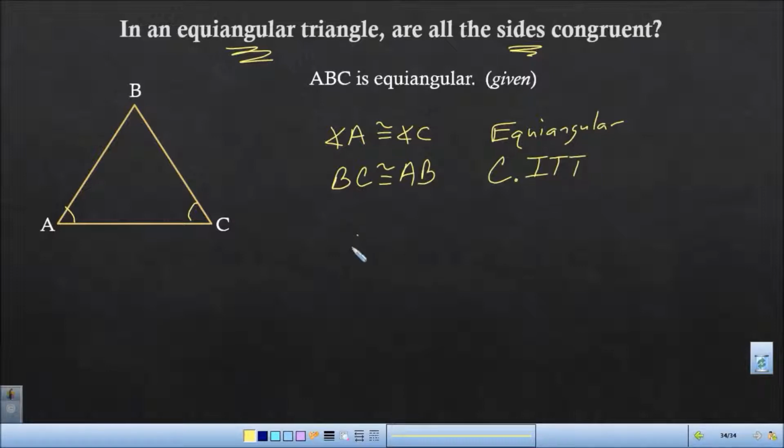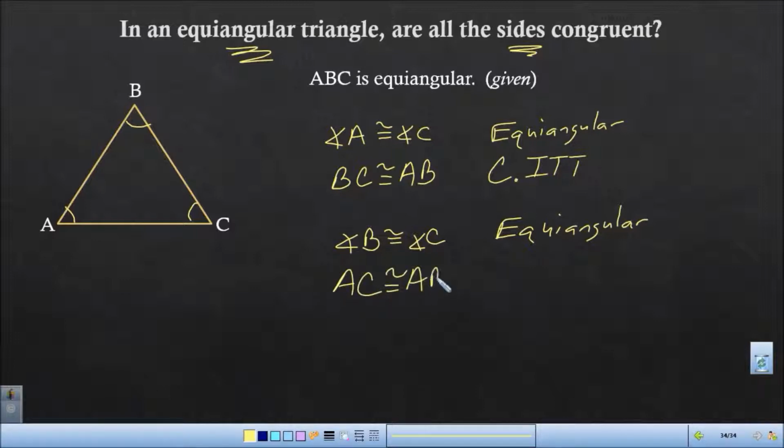I can also claim that angle B is congruent to angle C. This is because the triangle is equiangular. That in turn means that side AC, which is opposite B, is congruent to side AB, which is opposite C. This is again the converse of the isosceles triangle theorem.